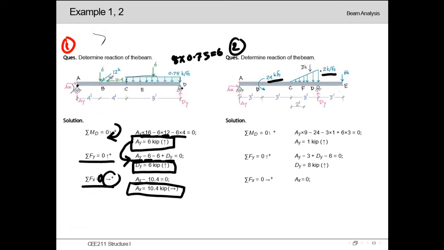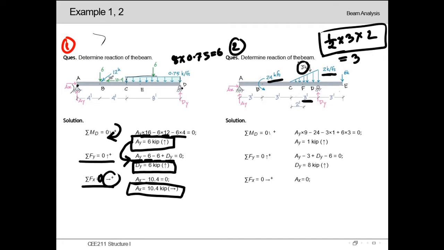So we will be applying the same formula of a triangle's area to calculate the total load. We can see this load is acting throughout a length of 3 feet in total, so it will be half times the length throughout which it is acting, which is 3 feet, and then the value of this load is 2. This is exactly the same formula as the triangle's area. From here we will get the total load as 3 kip.